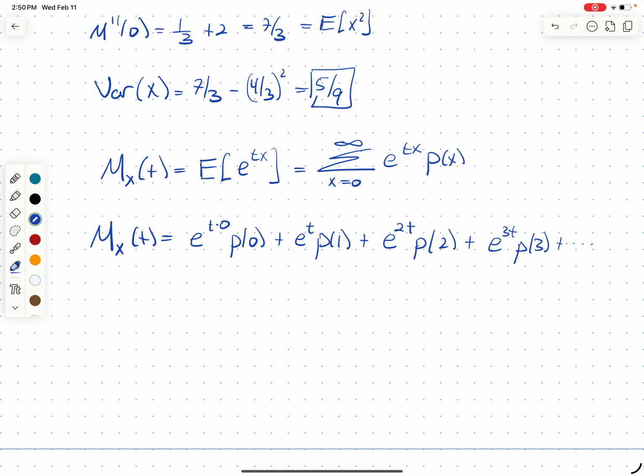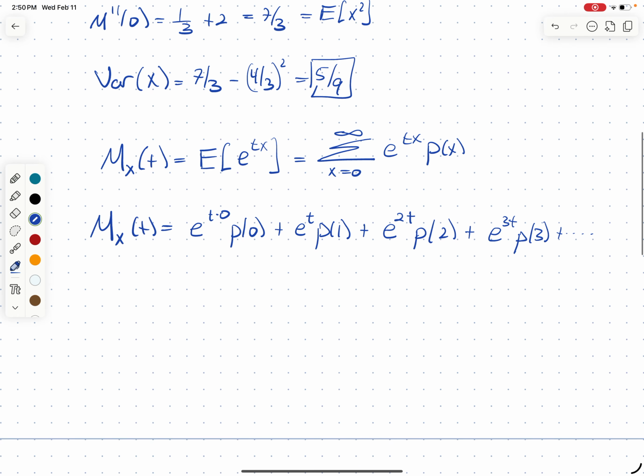Right? You have this technically infinite sum here, and e to the t times 0 is just a 1. So this thing is really just a p of 0 plus e to the t times p of 1 plus e to the 2t times p of 2.